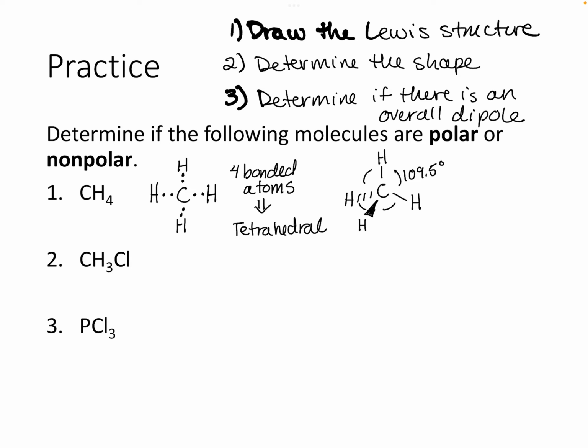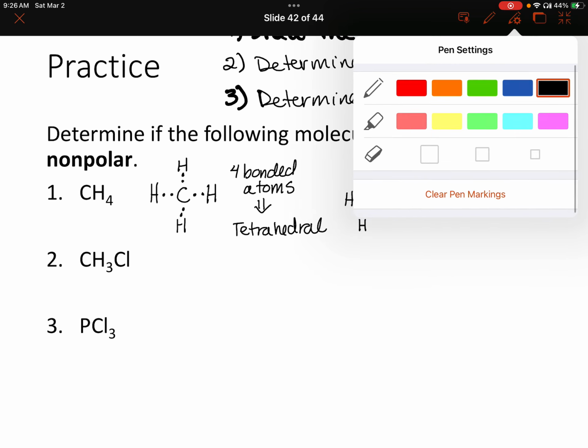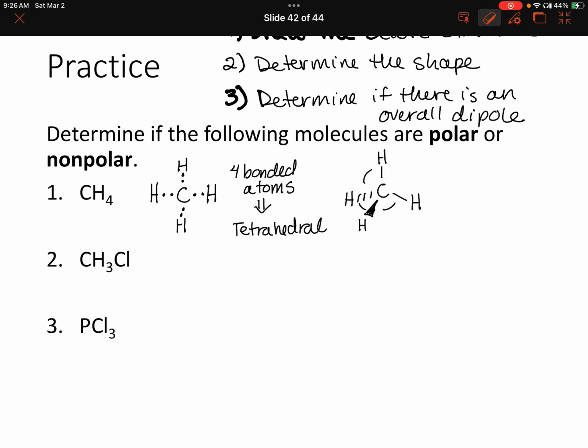All right, so let's determine the bond polarity for each carbon-hydrogen bond. So if we look up the electronegativity values for carbon and hydrogen, carbon has a value of 2.5, hydrogen has a value of 2.1. So the difference there is 0.4.